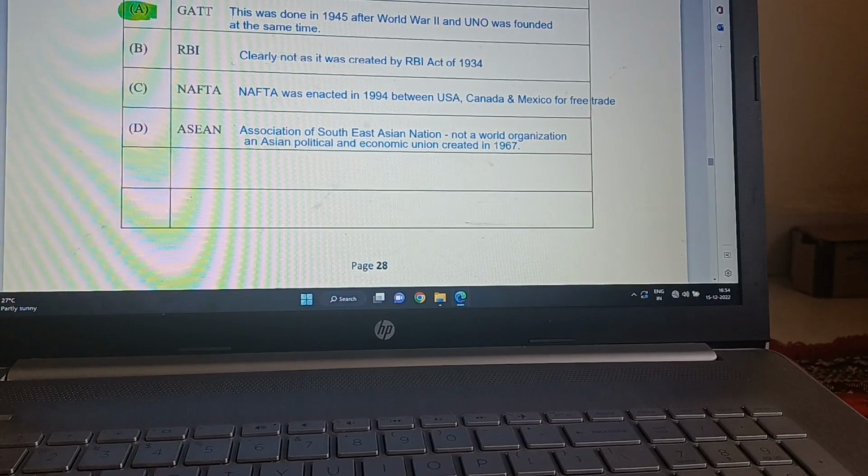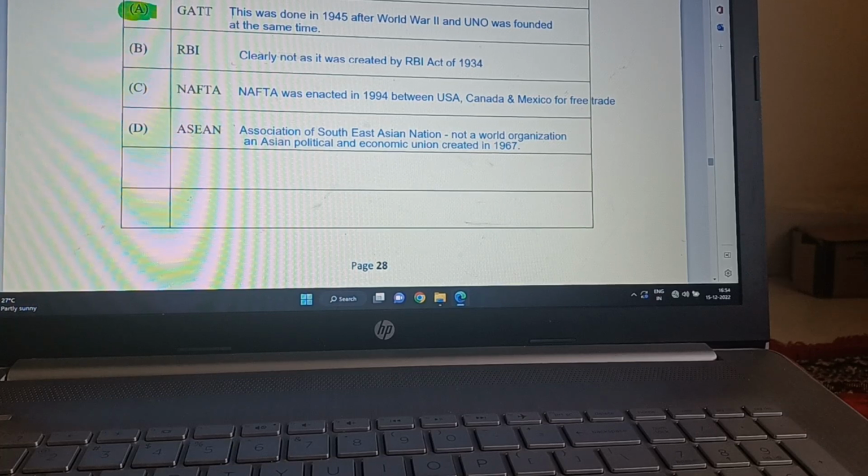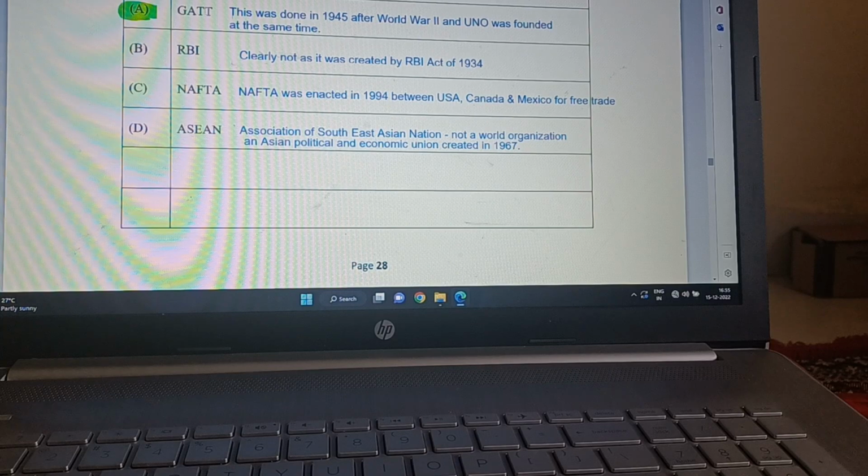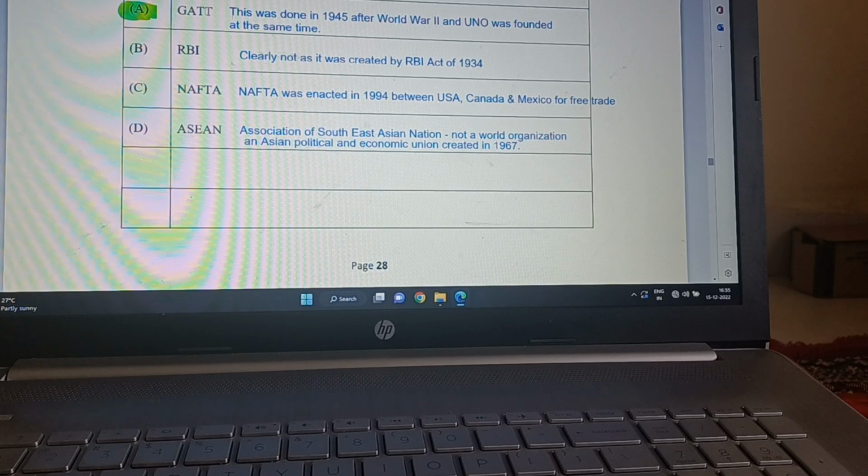NAFTA means North American Free Trade Agreement. It was enacted in 1994 between USA, Canada and Mexico for free trade, as a response to the European Union, which was formed in 1992. So NAFTA is not the correct answer, and ASEAN is again Asian.